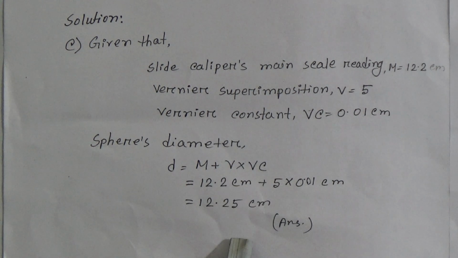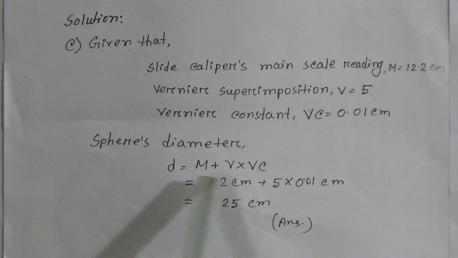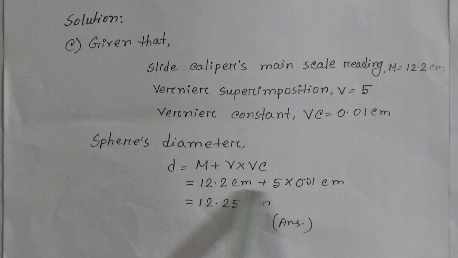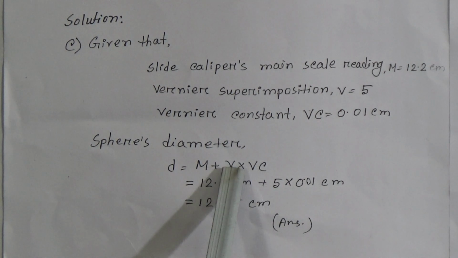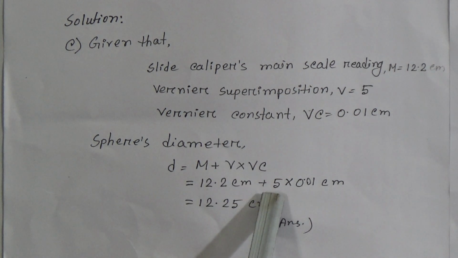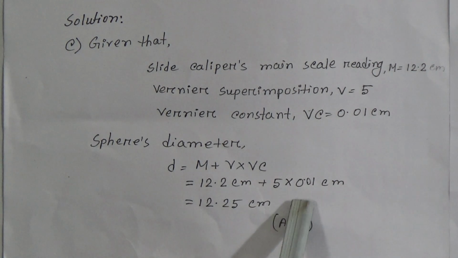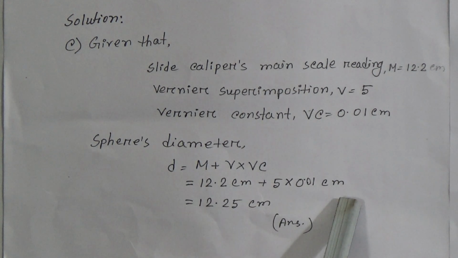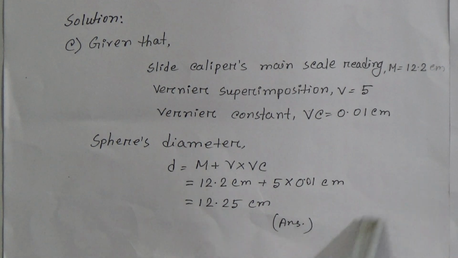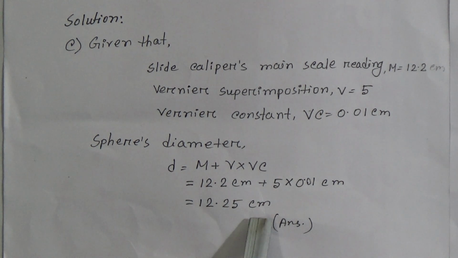Now put the value of M equal to 12.2 centimeter plus V, the vernier superimposition, the value is 5, multiplied by vernier constant value 0.01 centimeter. After calculating this, we get the answer 12.25 centimeter. This is the diameter of the given sphere.